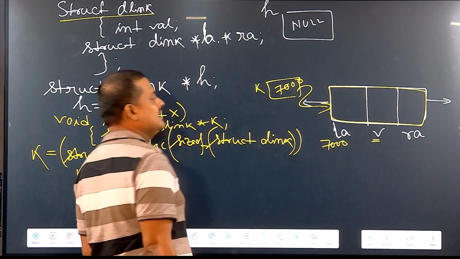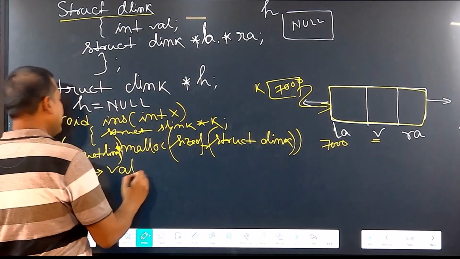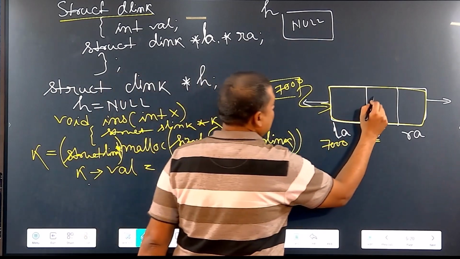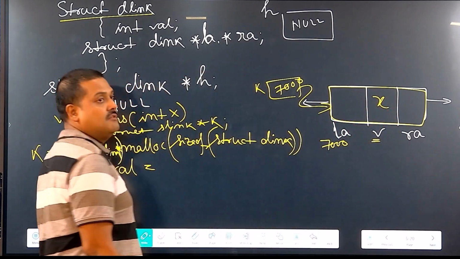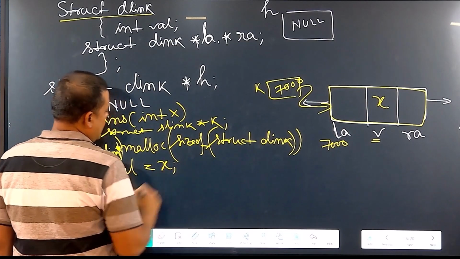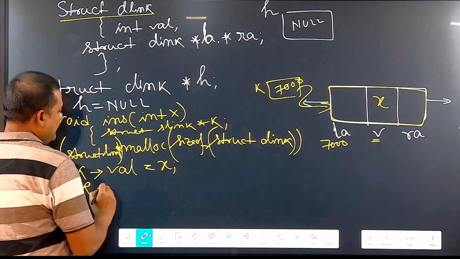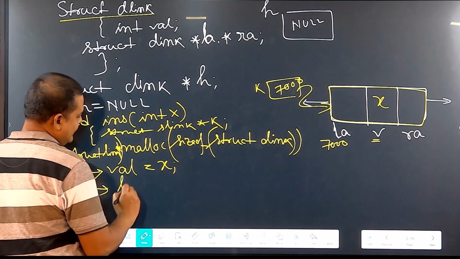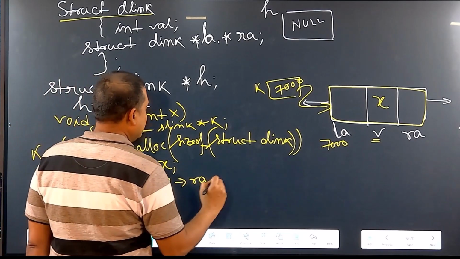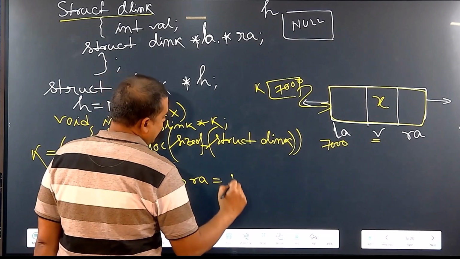So, k arrow value part, I am going to store this x, whatever value I am getting from the user, then that value will be stored here. Then k arrow left address and k arrow right address, both will be assigned as null.